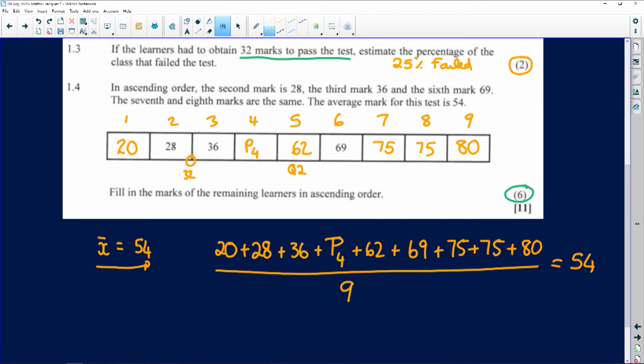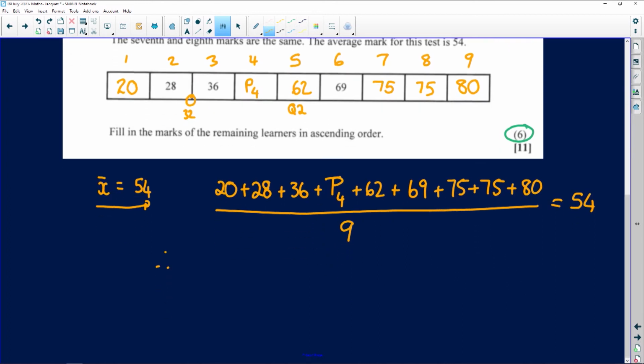Okay, so now I've got to take my calculator and add all of these values up. Folks, you know how to add with your calculator. I don't need to show you. So if I add all of that up, I get person 4 plus 445 is equal to, so that's the top of this fraction. I'm multiplying the 9 across, so it is 9 multiplied by 54.